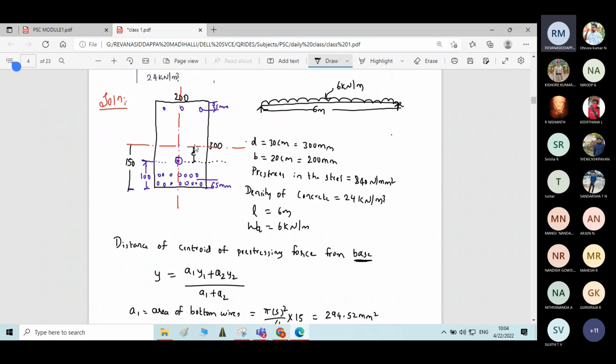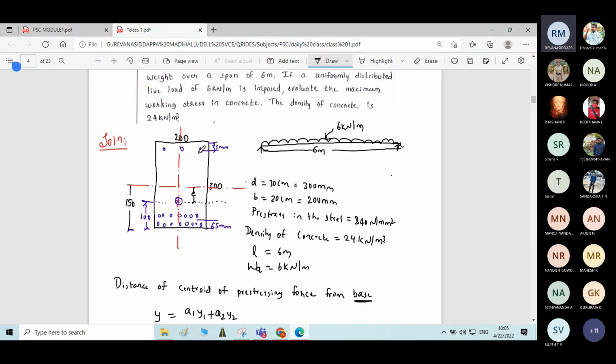For this rectangle, both the neutral axis and the centroidal axis are the same. So using these two, 150 and 100 mm, you can calculate the eccentricity. Eccentricity is nothing but the distance of the centroid of the prestressing force from the neutral axis.